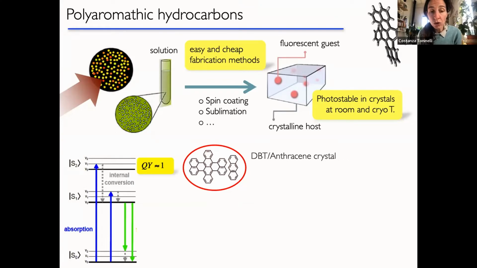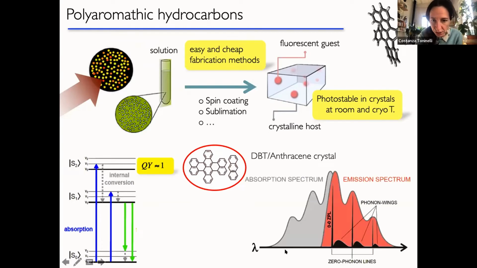This means that we also have high quantum yields, so the probability of a radiative transition is very close to 1. The radiative transitions are actually into different phonon lines. You see these different green arrows, they correspond to transitions to different vibrational states of the electronic ground state, okay?